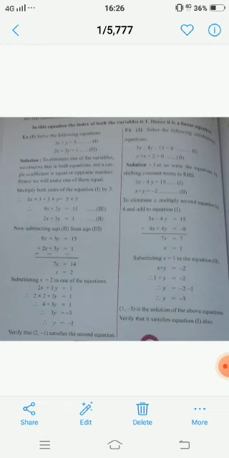The coefficient of variable y in equation number 2 is 3, so I have to make it the same for equation number 1. So I'll multiply equation number 1 by 3. When I multiply equation number 1 by 3, what will I get? 3 threes are 9, 9x plus 3 into y, 3y, equals 3 fives are 15.